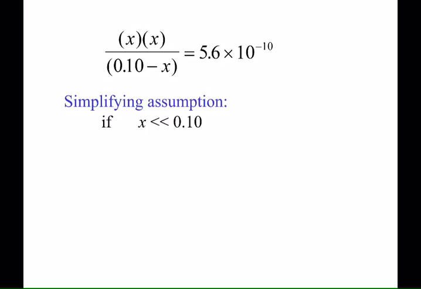If x is significantly smaller than 0.10, then in this term right here, this term essentially becomes 0.10 because that's pretty small. And your Kb ends up with x squared divided by 0.10. It's wonderful.